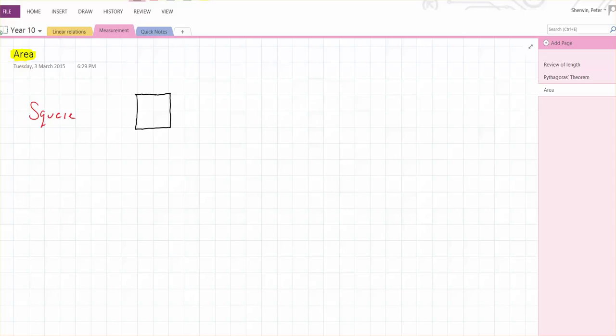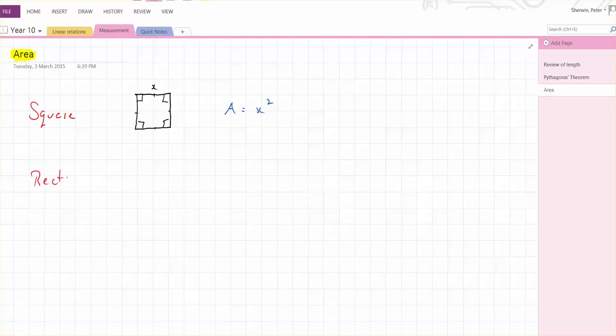It's a right-angled quadrilateral where all sides are equal. So if that side is x, then these are equal, then our area is going to be equal to x squared. Okay, no further explanation required there, I don't feel.